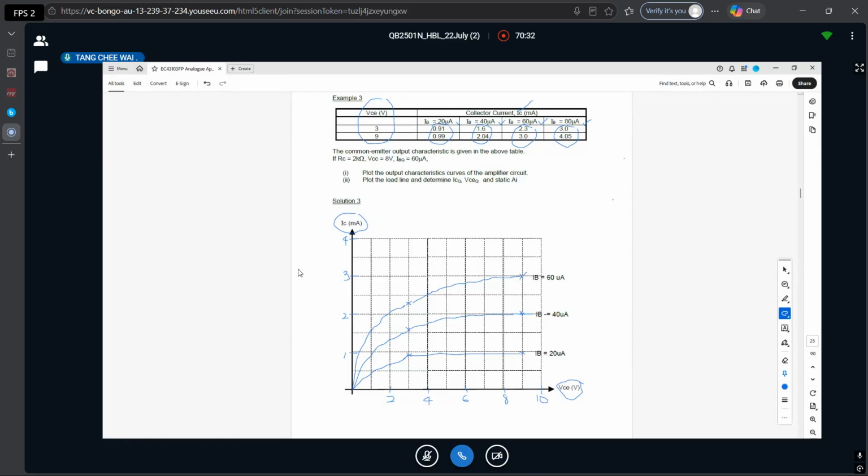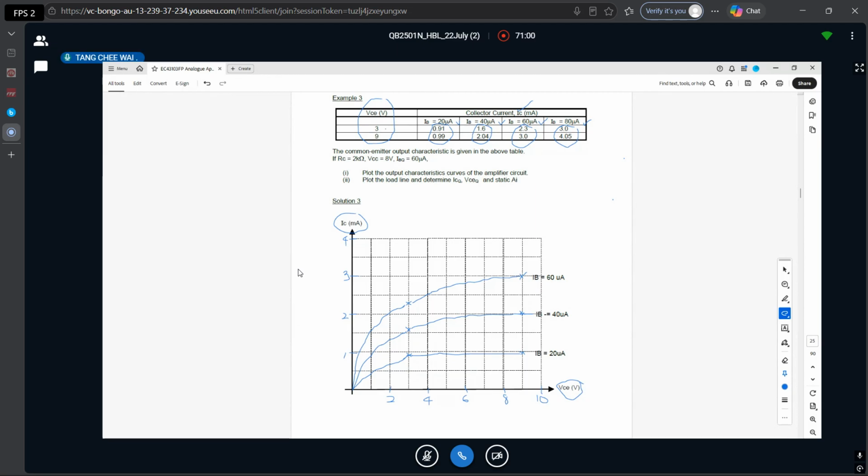Now I will start to draw the curve using whatever is given on the table here. Are you all ready? Can we please look at the first column, where IB is 20 microamps. Then they say at VCE 3 volts, the collector current is 0.91 milliamp. Can you follow me?